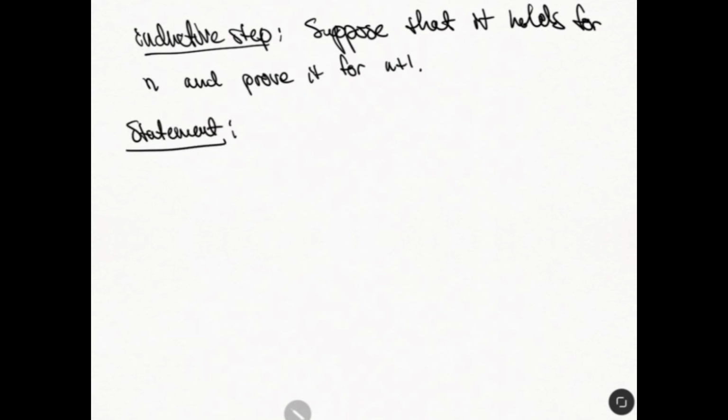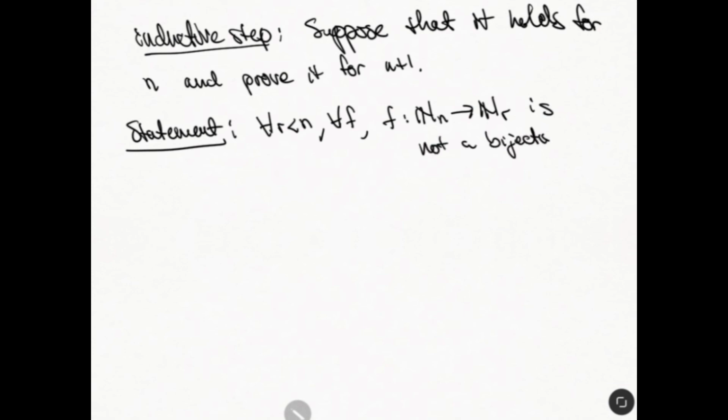The statement is that for all r less than n, greater than or equal to 1, and all f, where f is a function from here to here, f is not a bijection. So baked into the statement here is that it's for all r less than n, and this is only on one free variable. The one single free variable is n.